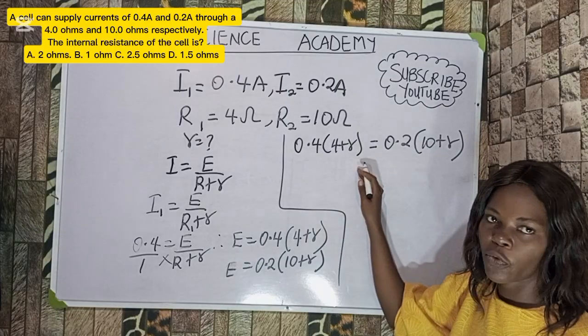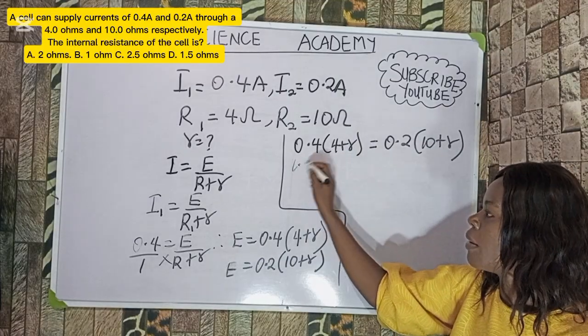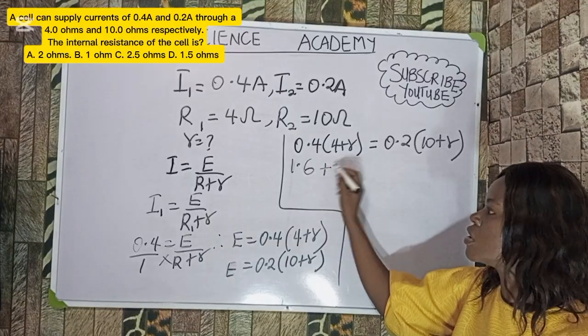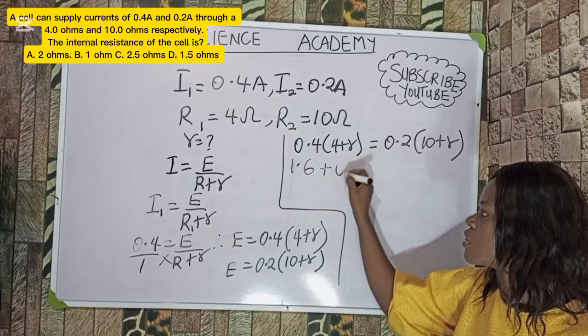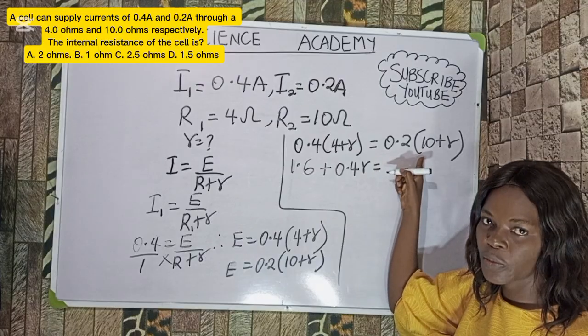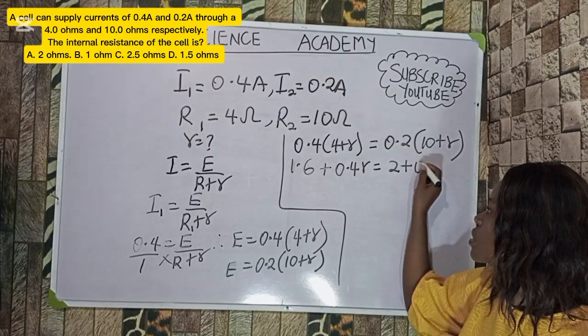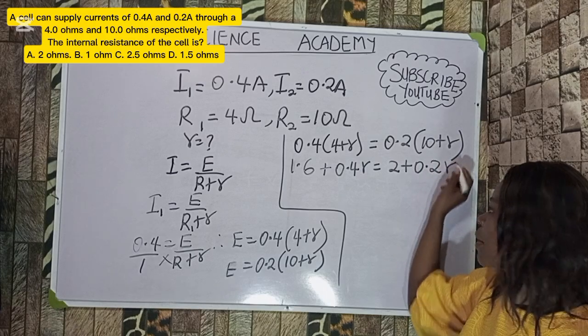Now let's work it out. 0.4 times 4 gives 1.6, plus 0.4r, is equal to, when you multiply this, 2 plus 0.2r.